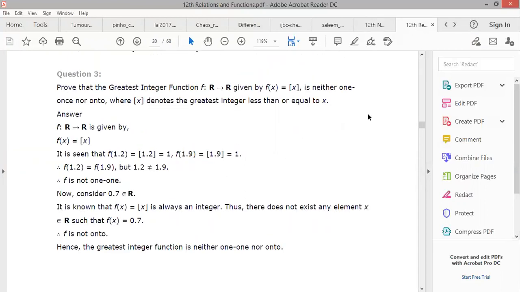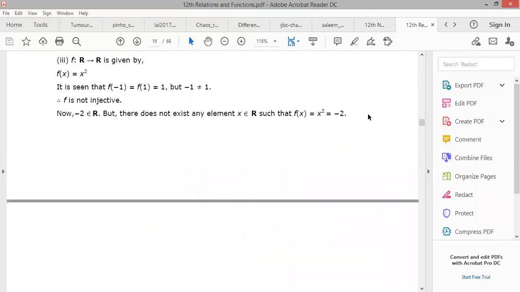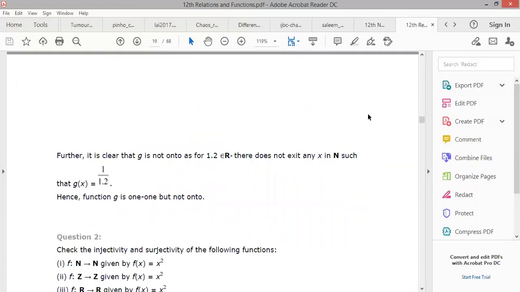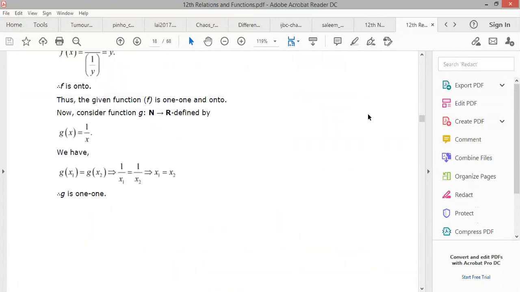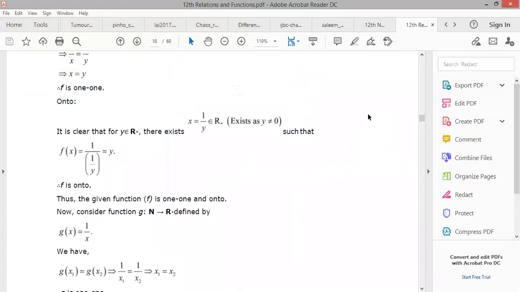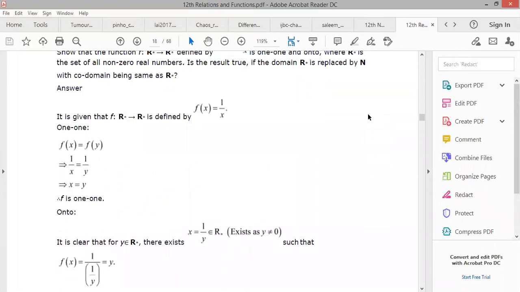So the question can be solved like this. You see here, it is question number 1 of this exercise. We have solved it here. The given function f is a mapping from R star to R star defined by f of x is equal to 1 by x.